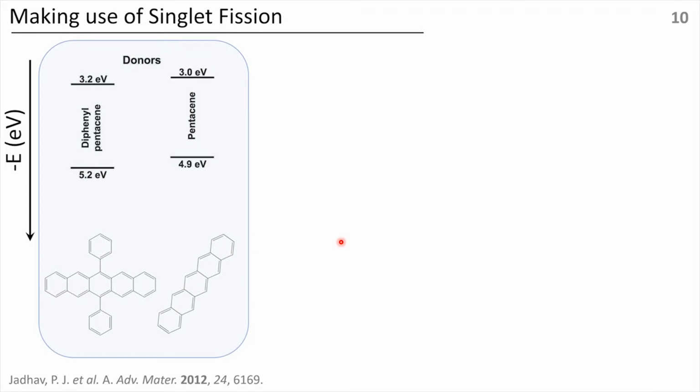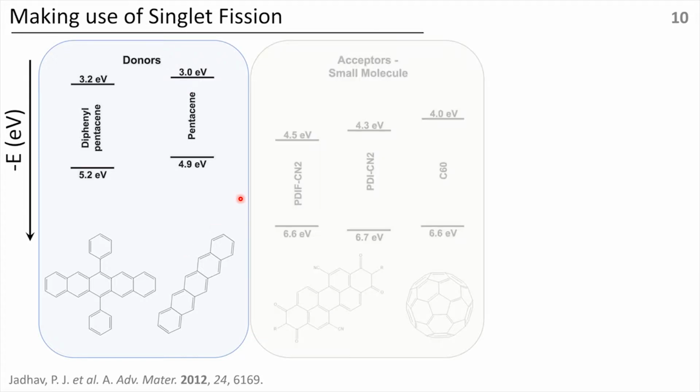So moving on to the work by Jadaf and colleagues, I talk about the molecules they use to perform singlet fission, and I talk about the diagram and why it's relevant to the process here. Those are simply energy levels of the two materials in this particular case.